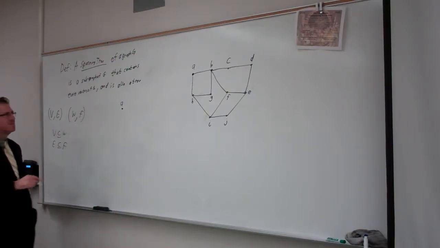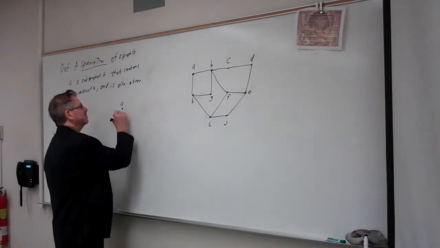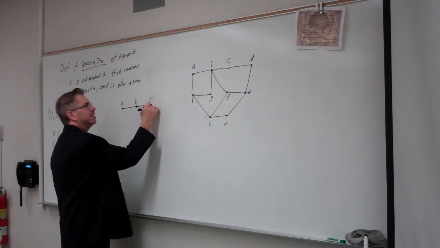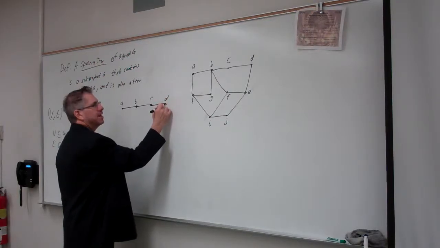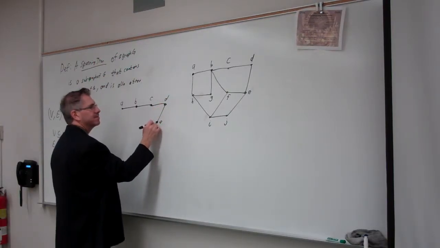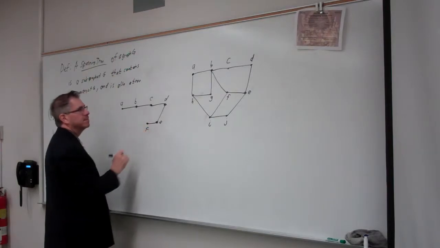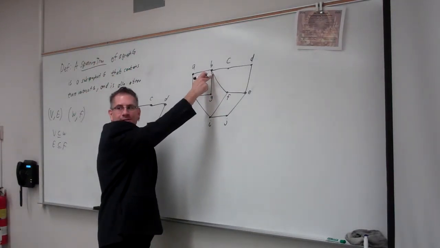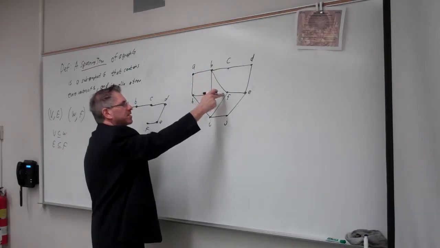So if we were to do this depth first, let's just say we're going to move from A to B, and then from B to C, from C to D, from D to E, and from E to F. And then from F, we could go back to B, but that's going to give us a cycle, so we're not going to do that.